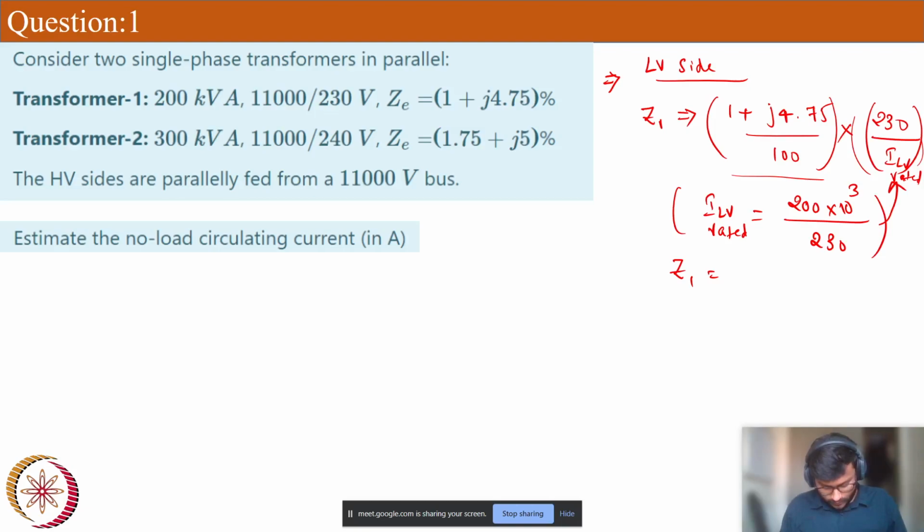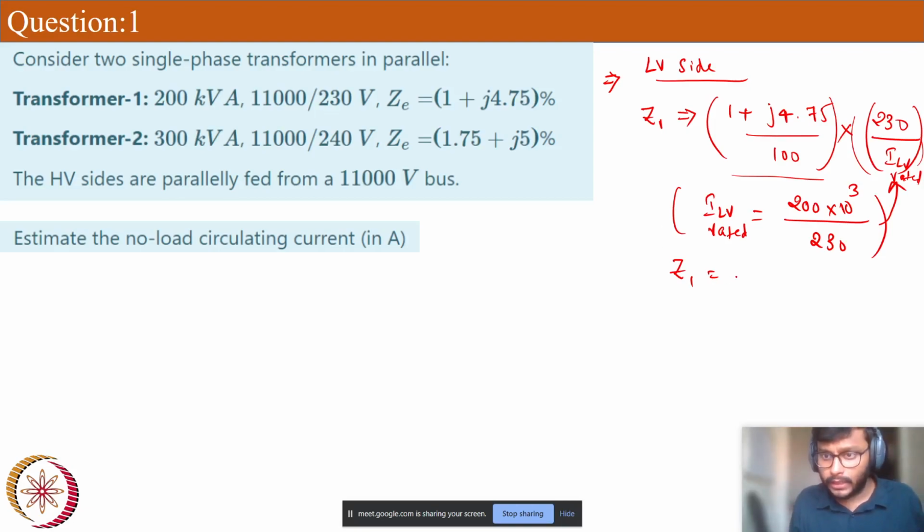One plus 4.75 j divided by 100 multiplied by 230 divided by 200 kVA multiplied by 230. Okay.